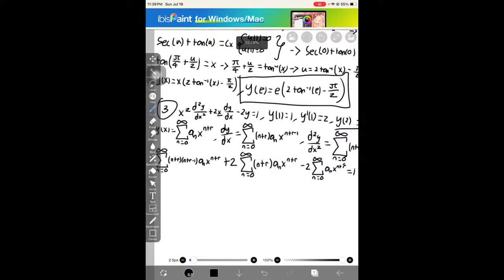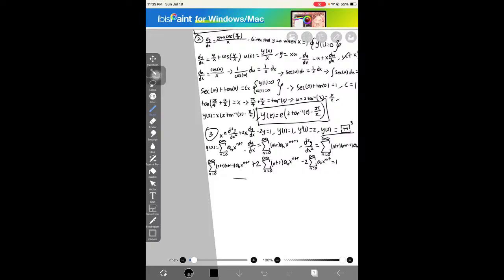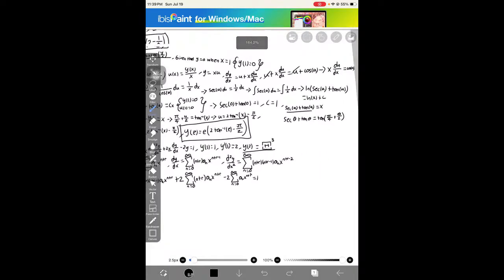Now look at that. All of these terms share a common power, which is n plus r. So what do we do when there are infinite power series that share the same power? We combine them into one sum. Alright? We combine them into one sum.